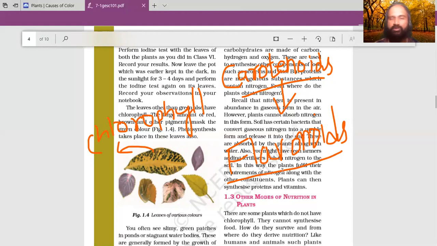Okay, fine. So these three pigments are enough. I'm not going to teach you more. So chlorophyll, carotenoids, flavonoids. The most important is chlorophyll. This is responsible for the green color of the plant, which is the dominant one. Here they have given the picture and just discussed the different pigments. They have not mentioned the names, so I taught you that.